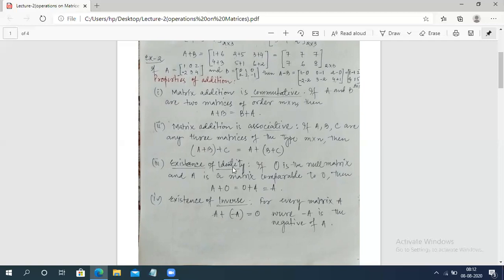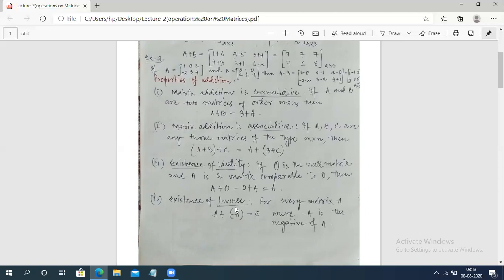Now, existence of identity. In case of addition, the zero matrix, here this symbolizes the zero matrix or null matrix, is the additive identity, because if we add a zero matrix to a matrix of the same order, then we will get the matrix itself. That means A plus 0 is always equal to 0 plus A, which is equal to the matrix A. So the zero matrix or null matrix plays the role of additive identity.